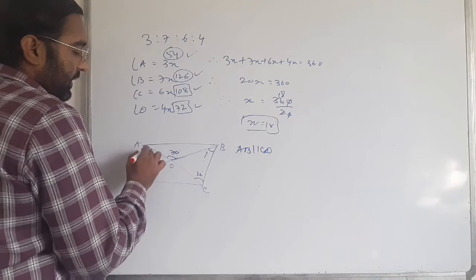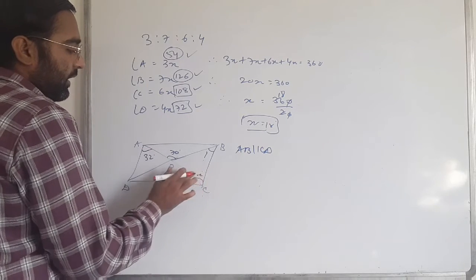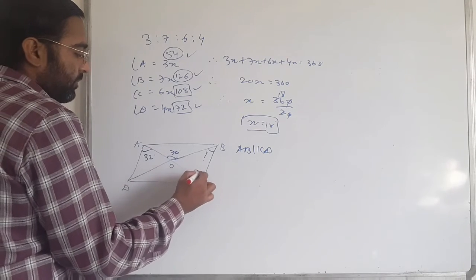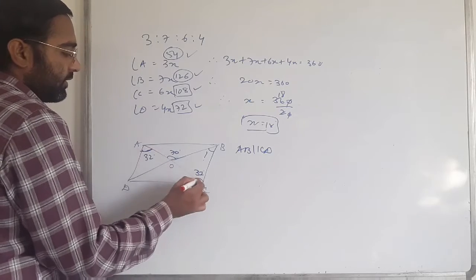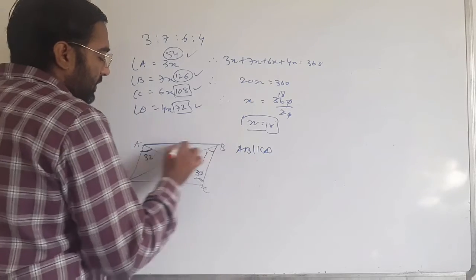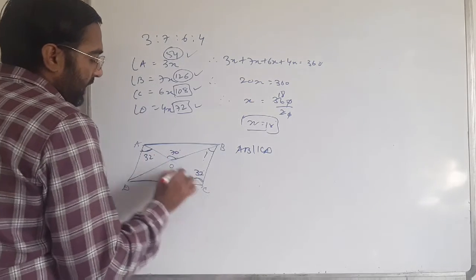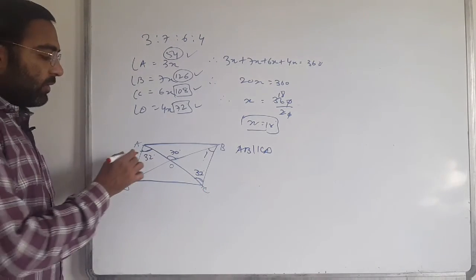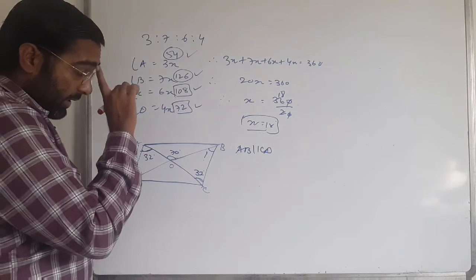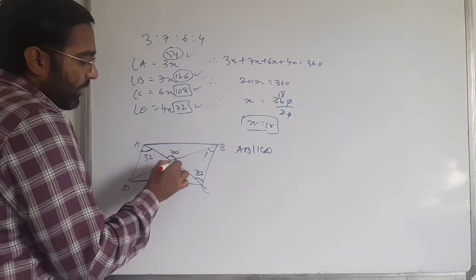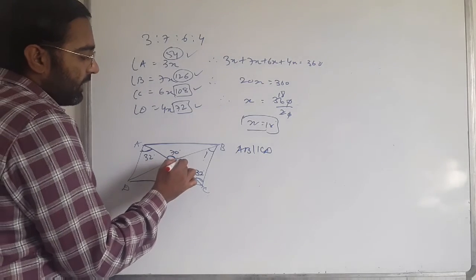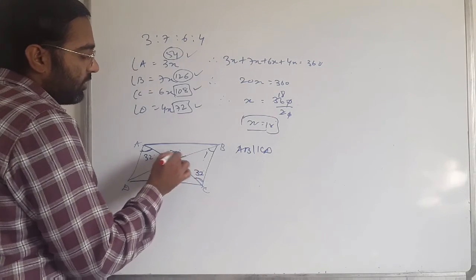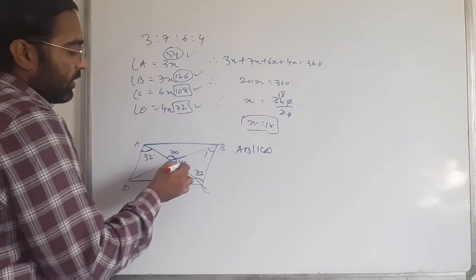Therefore this angle and this angle form a pair of alternate angles. Clear that? Here the 70 forms a linear pair, so here it is 110 degrees, because the total is 180 degrees.